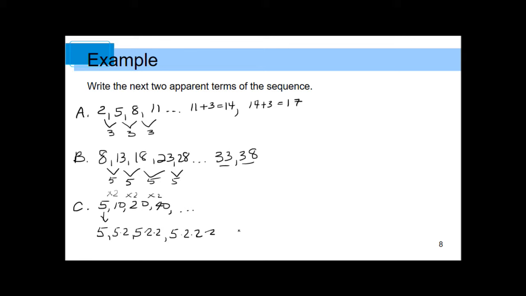Each time doubling what we had before. So the next term is going to be 40 times 2, which is 80, and then if we double that, we're going to have 160.